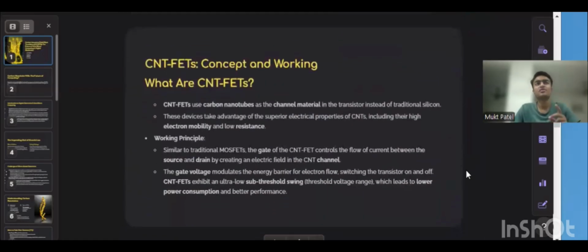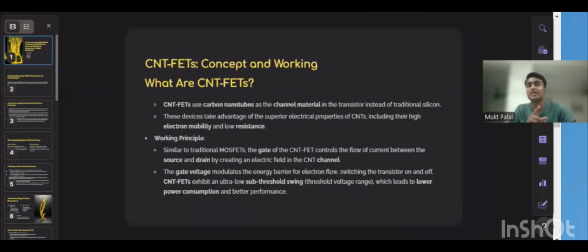CNT FETs, concepts and working. What are CNT FETs? CNT FETs use carbon nanotubes as the channel material in the transistor instead of traditional silicon. This device takes advantage of the superior electrical properties of CNTs, including their high electron mobility and low resistance. The working principle is similar to traditional MOSFETs.